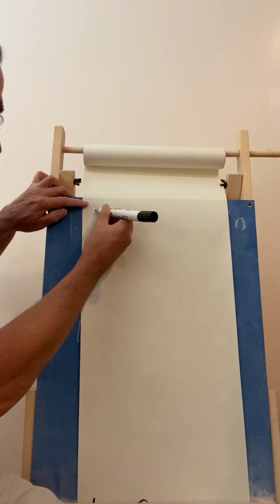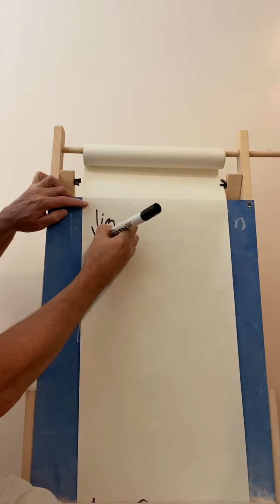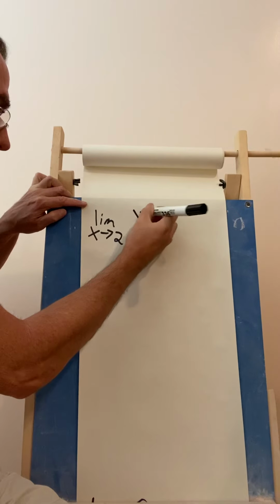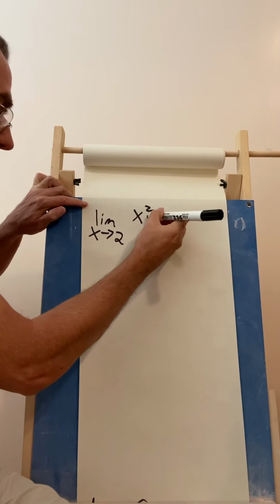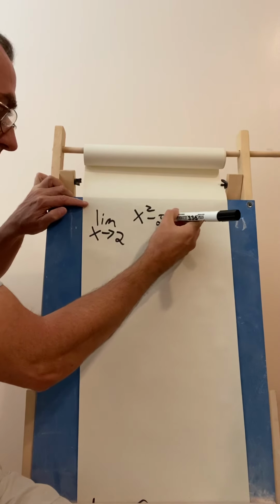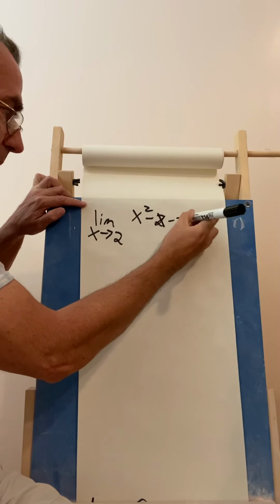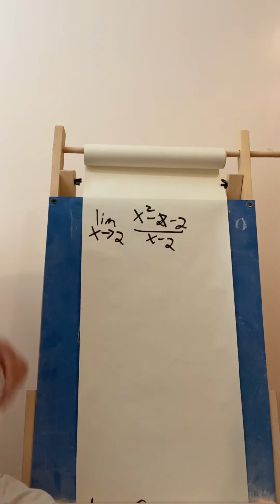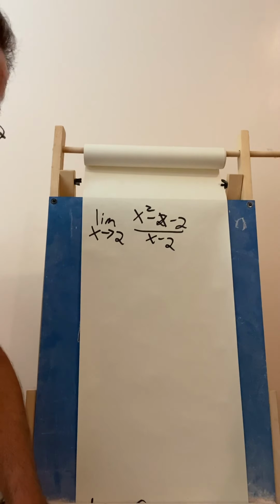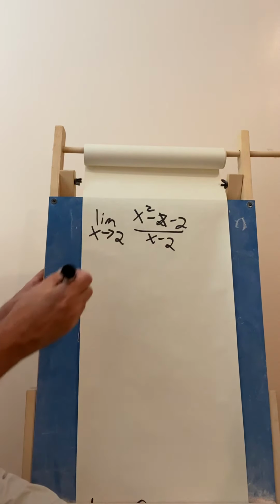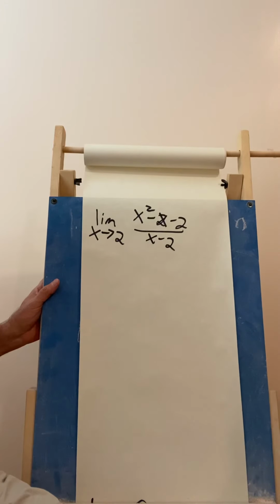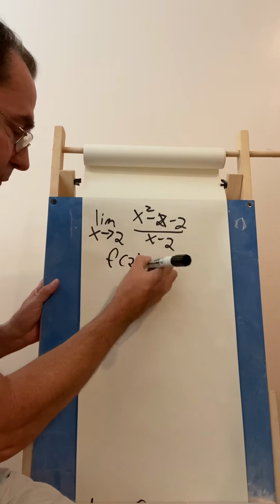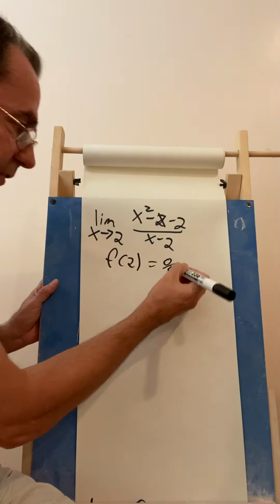Let's find the limit as x approaches 2 of the function x squared minus x minus 2 over x minus 2. Now, if you were to plug in 2 at this point, you get 2 in the numerator and you also get 2 in the denominator. So f of 2 is equal to 0 over 0.